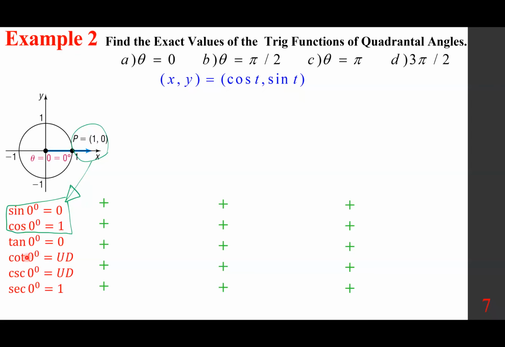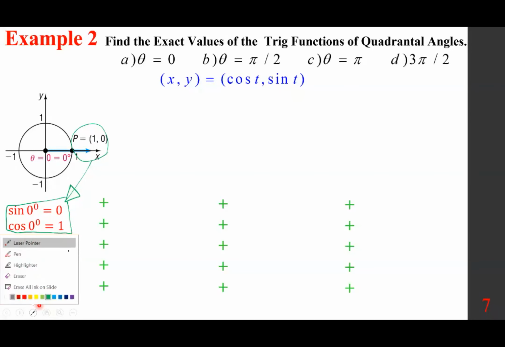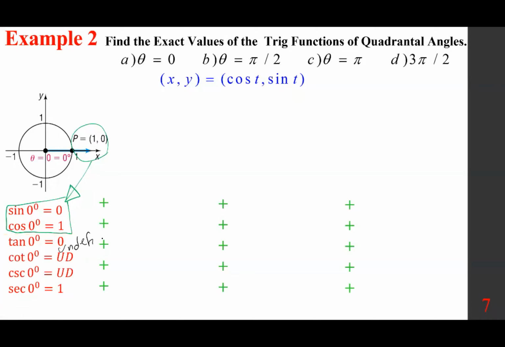What is cotangent? The reciprocal of that, 1 over 0. We say undefined, UD, short for undefined. Cosecant is 1 over sine, so 1 over 0 is undefined. Secant is 1 over cosine, 1 over 1. The reciprocal of 1 is 1.